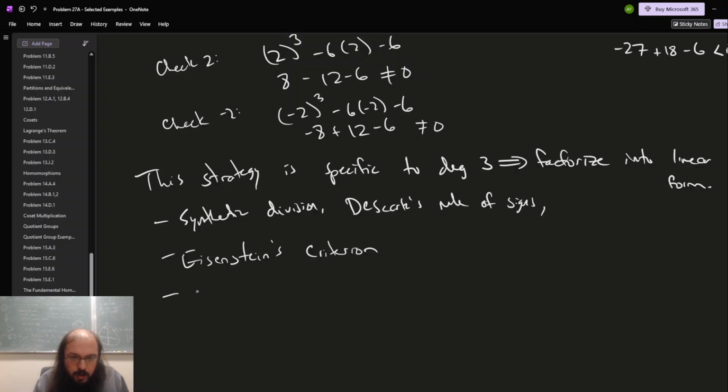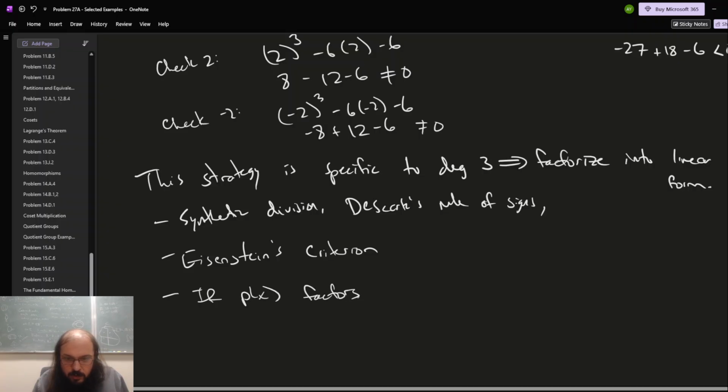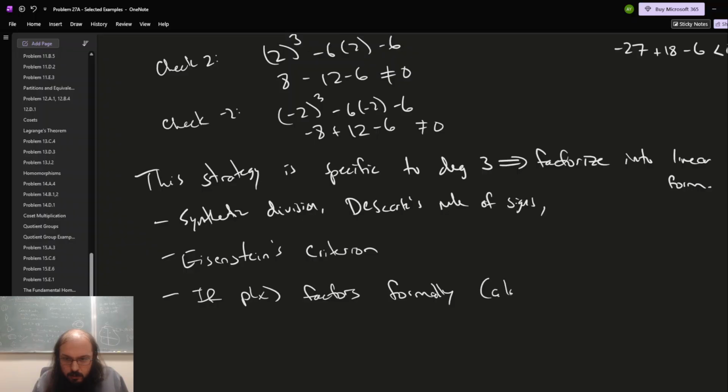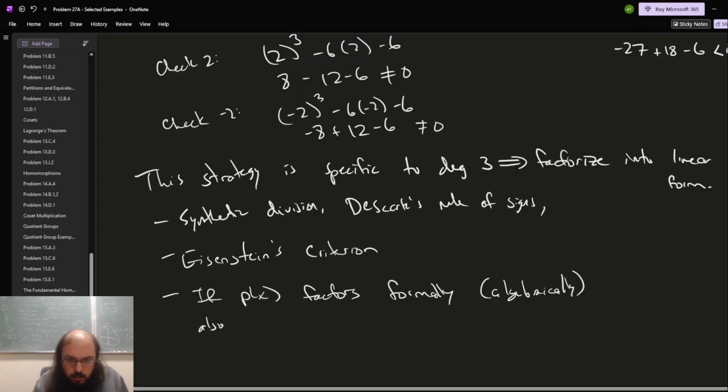In other words, if P of X factors purely formally, right, without any, like it happens algebraically, then it also has to work mod P for various P.